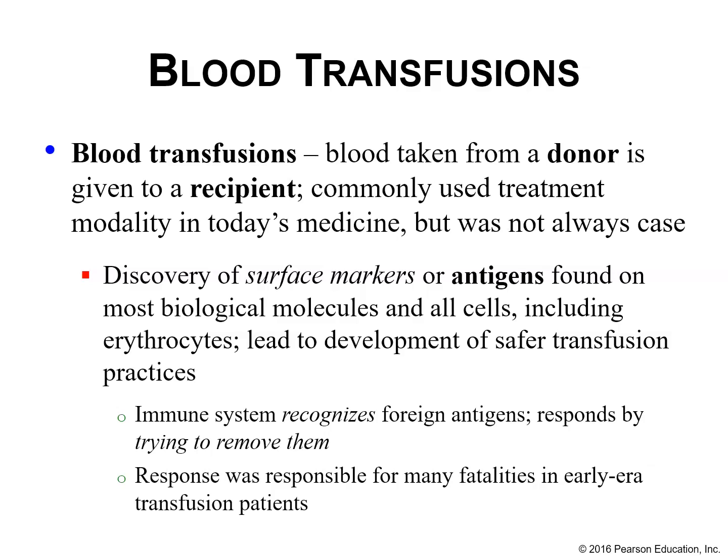Remember, an antigen is generally a small molecule present on any virus or bacteria that the body recognizes as foreign, and it responds by trying to remove those antigens. And this response was responsible for many of the early fatalities in the early blood transfusion patients.